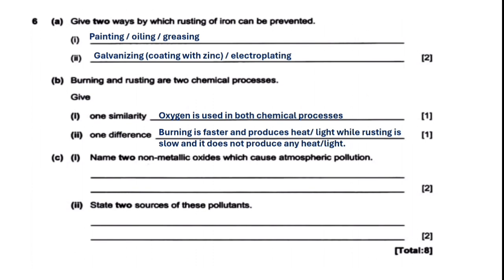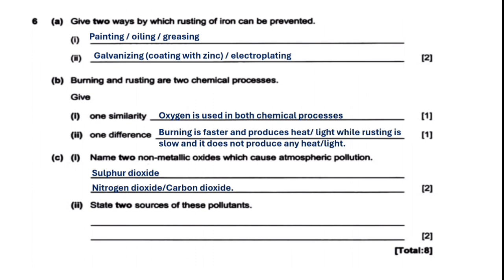So the oxides are what we call acidic oxides. And examples of these acidic oxides are sulfur dioxide, carbon dioxide, or nitrogen dioxide.